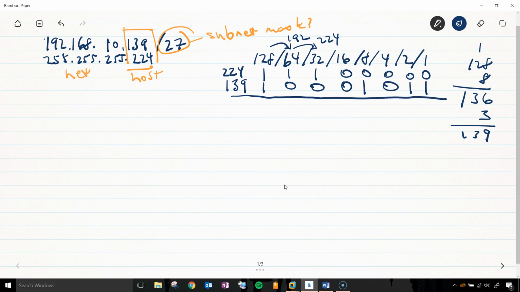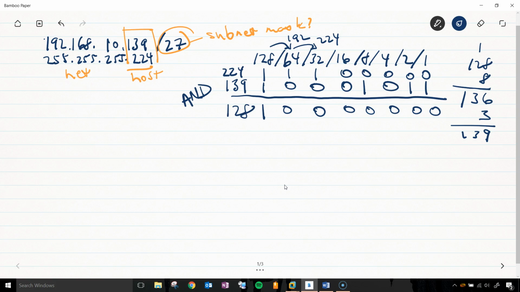Okay, and if we perform an AND operation here, anything other than two 1s results in a 0. We convert this number back to decimal, that's 128.